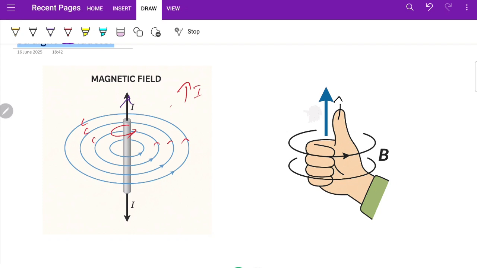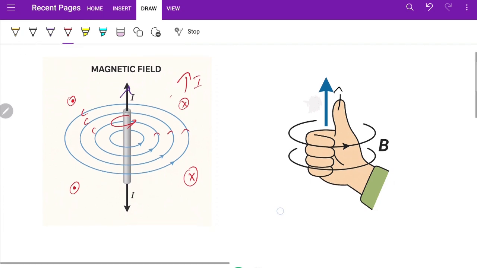If we represent magnetic lines coming out of the plane of the paper, we represent them like this, and at the left side they go into the plane of the paper. At the right side they come out of the plane of the paper. Okay, so this is the representation. We have to remember this.